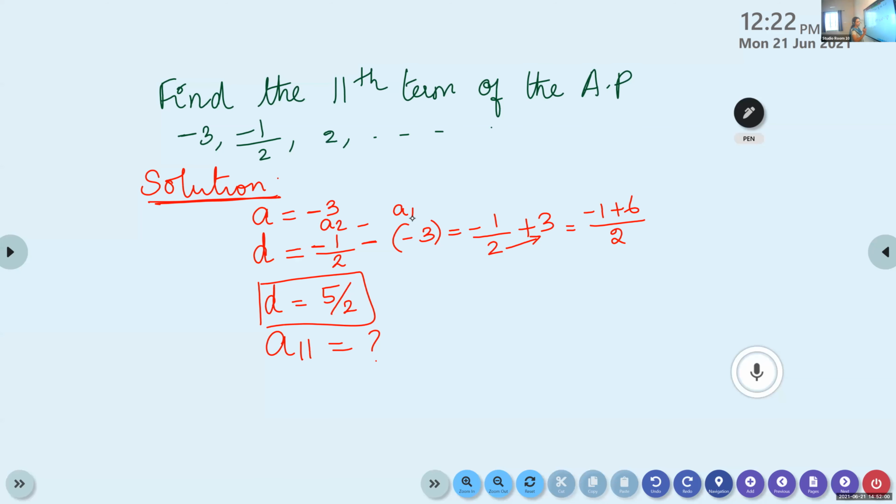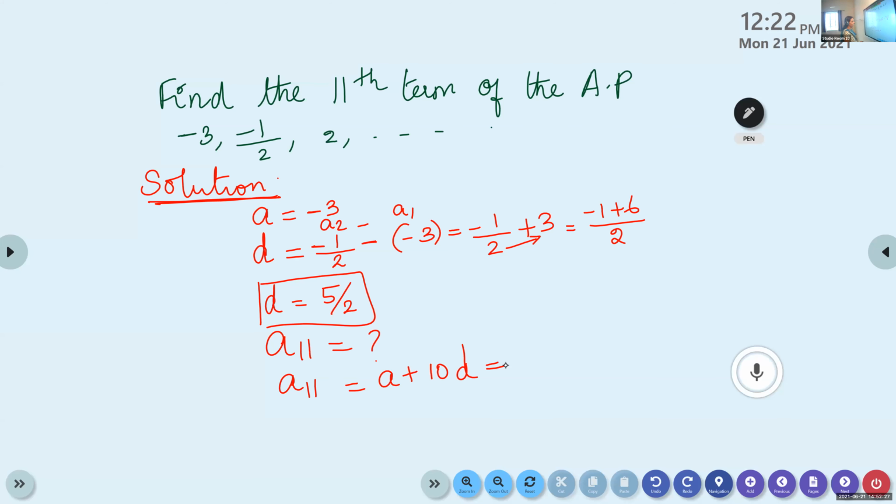So what is A11? Mary, what is A11? 22. Melvin is giving the answer. Okay, let's check. How will you calculate? A plus 11 minus 1 into D, which is A plus 10 into D. Rizwan, when you substitute the values, what will you get?